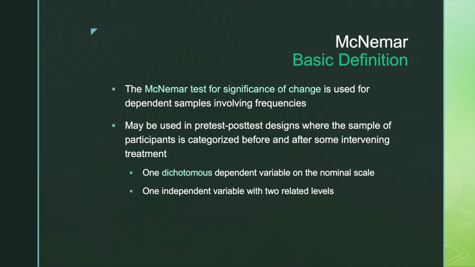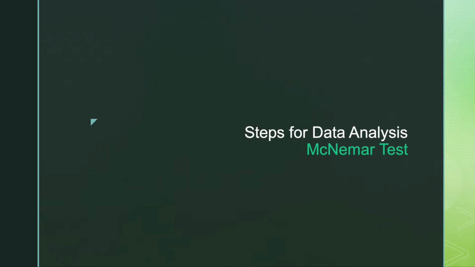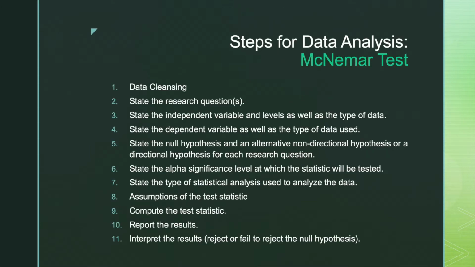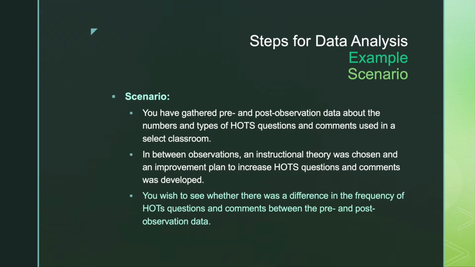So our related levels are going to be off of time with this before and after. And that's it. Let's just jump right into actually performing the data analysis using the McNemar test. We have all of the exact same steps that we've had all along. Nothing has changed here. And here is our official scenario. So this is what you will be doing in the fall for Dr. Pirro's class.